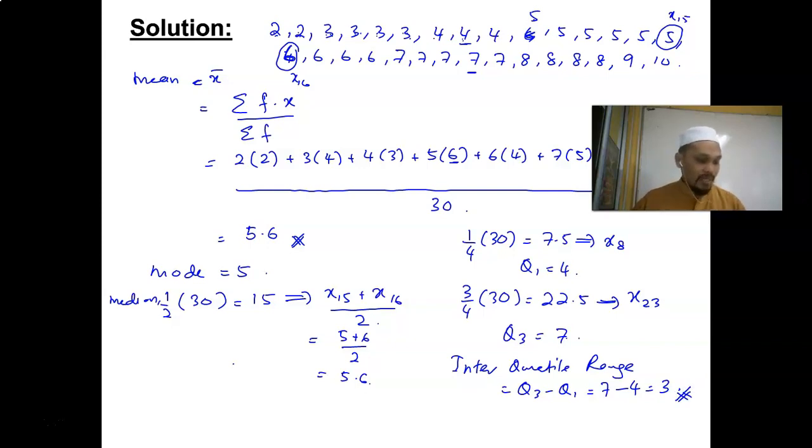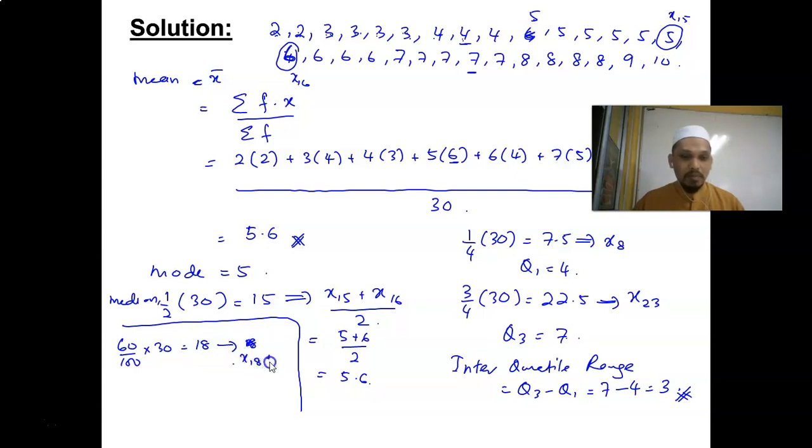And the last one in the question, the 60th percentile. 60 over 100 times 30 equal to 18. So we take the 18th observation, X18 plus X19 divided by 2.